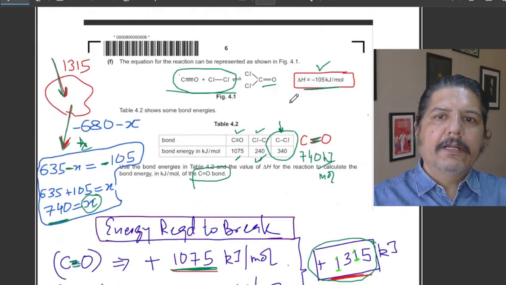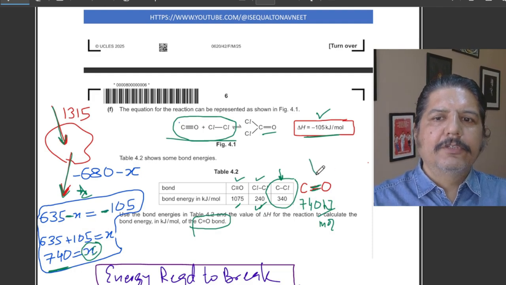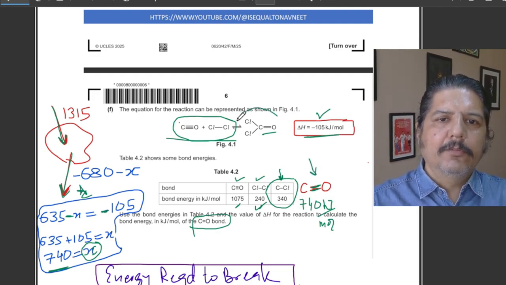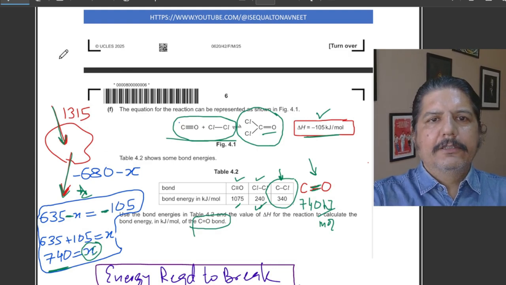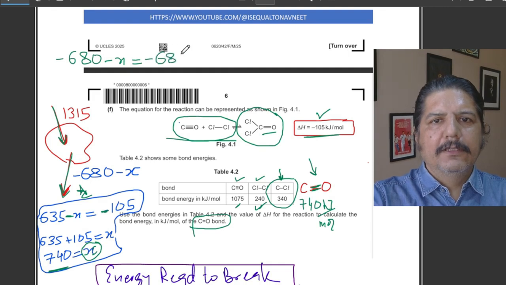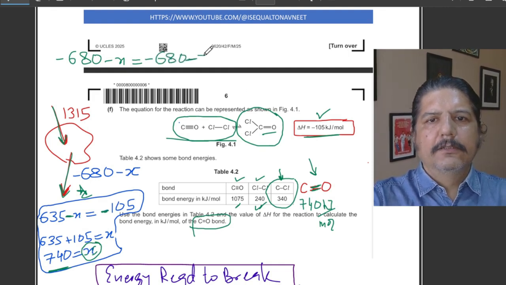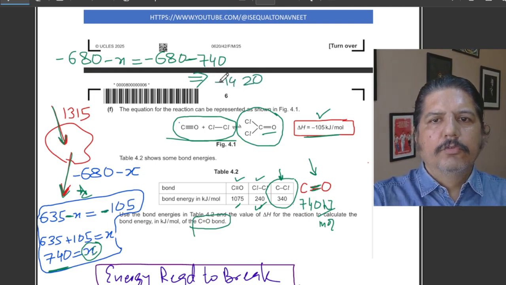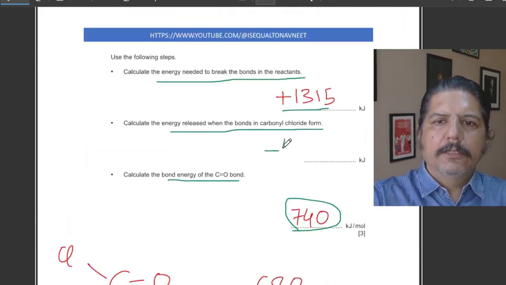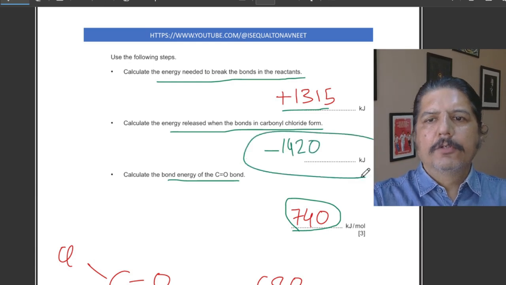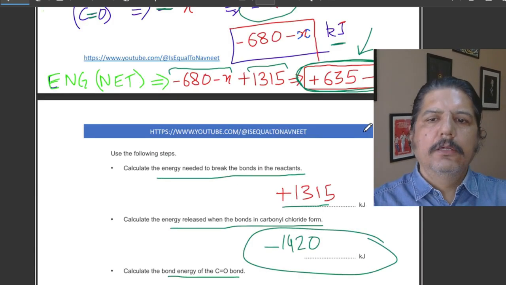Because you'll require the bond energy for C double bond O, the easy way of doing this is, you had already calculated minus 680 minus X. Now you know the value of X. So minus 680 minus 740, which is minus 1420. This amount of energy would be released when carbonyl chloride is formed.